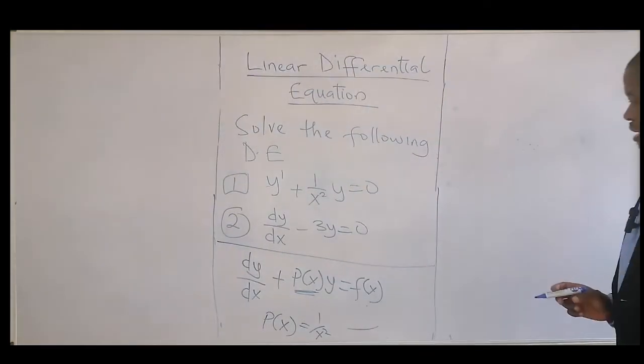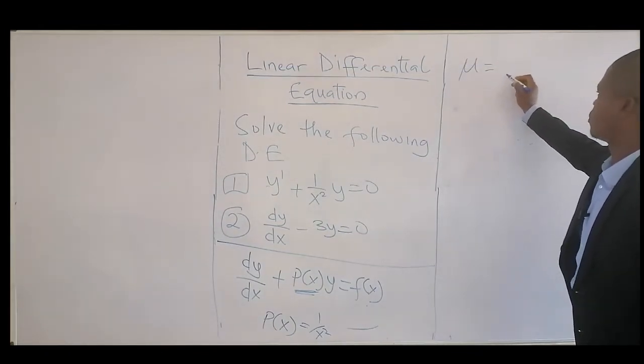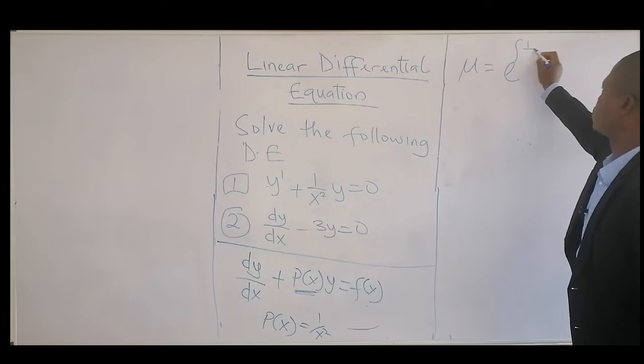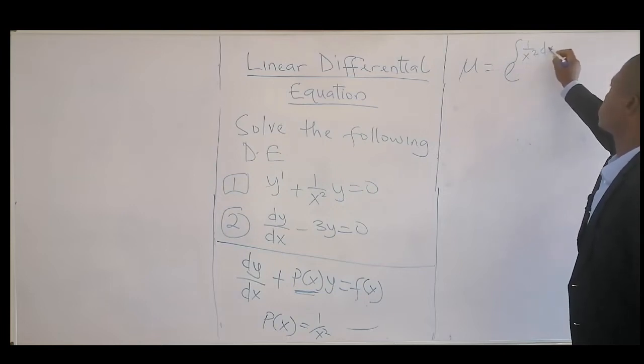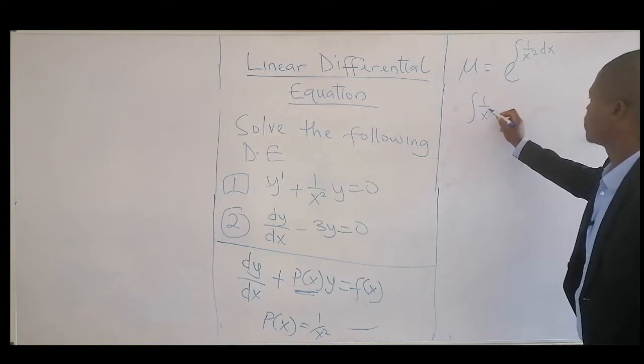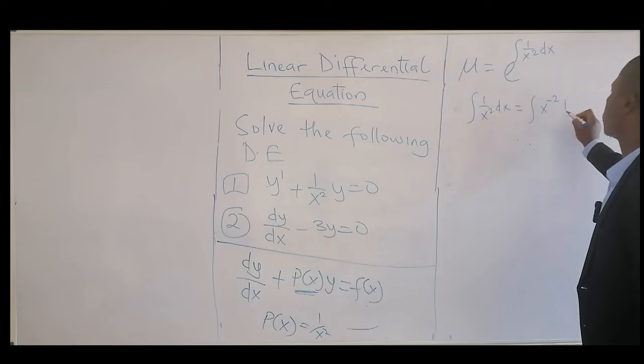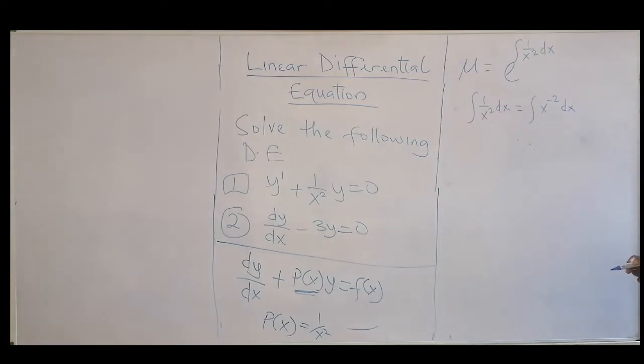So the next thing to do is to write the integral factor, which is e to the integral of 1 over x squared dx. Can we do the integral of 1 over x squared dx, which will be equal to the integral of x to the minus 2 dx, and that will give minus 2 plus 1 over what? Minus 2 plus 1.